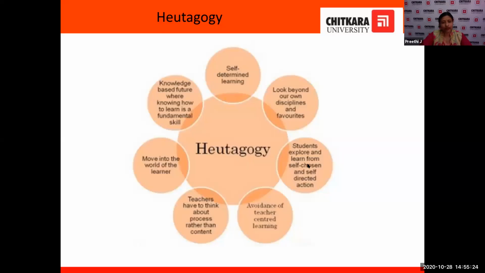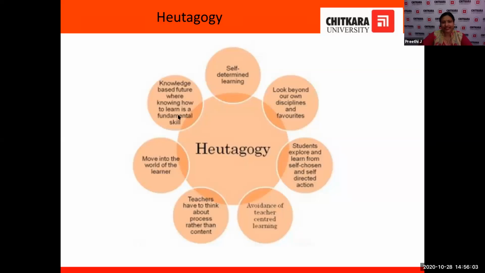The students have the opportunity to explore and learn on their own, whether it's through project or innovation. For certain things, they do not really need to go through the teacher. So maybe it's like those value-added courses. And the teacher is focusing on designing that whole process, not so much the content. What is that process by which students can really learn? And the student tries to move into the world of the learner.